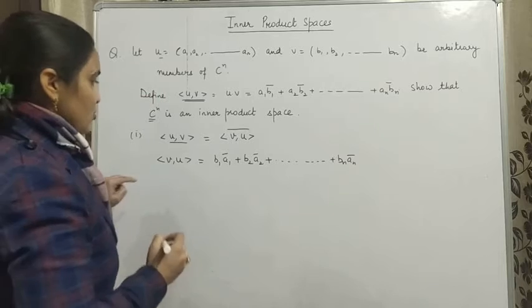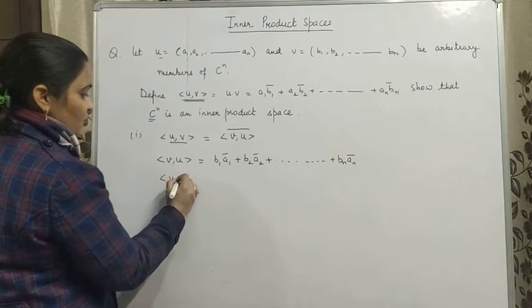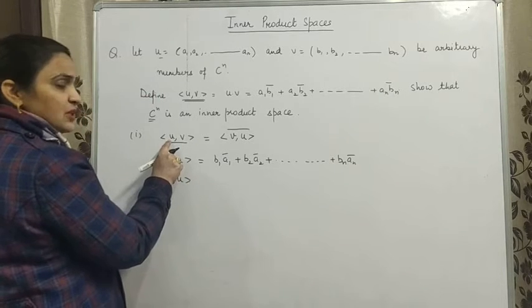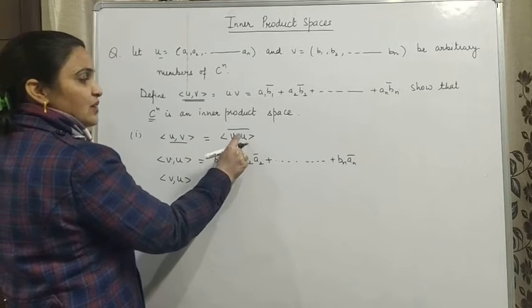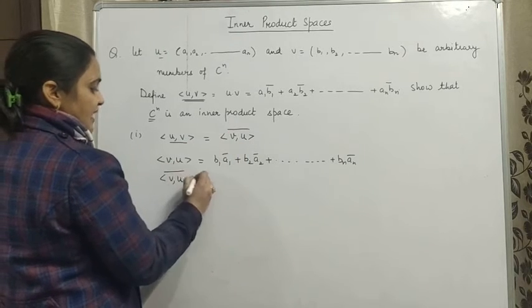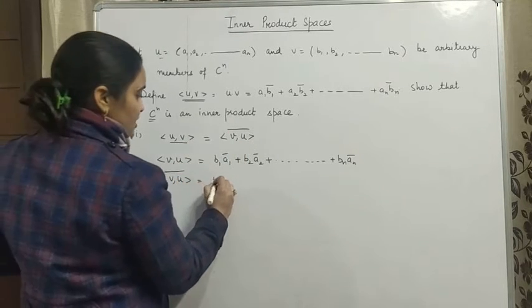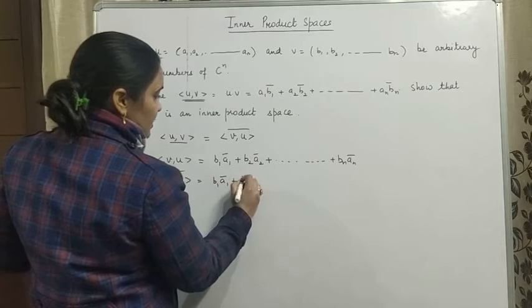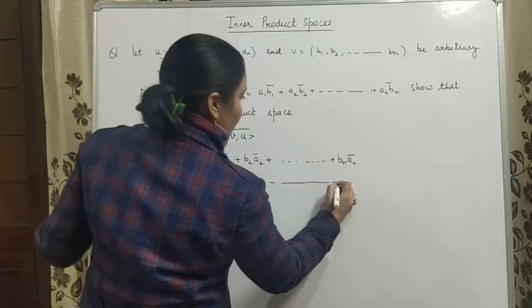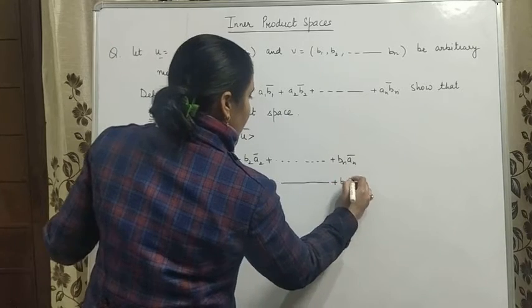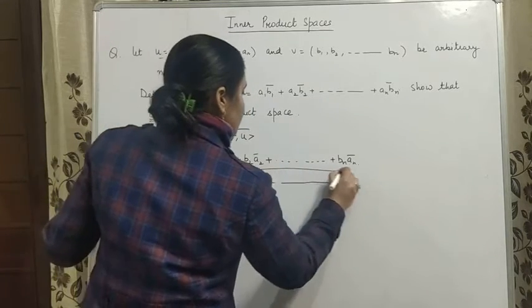इसको देख के उसके बाद we have to prove that inner product of u with v is equal to inner product of v with u conjugate. So let us take conjugate of this. So this will be equal to b1 a1 conjugate, b2 a2 conjugate and so on bn an conjugate का whole conjugate.